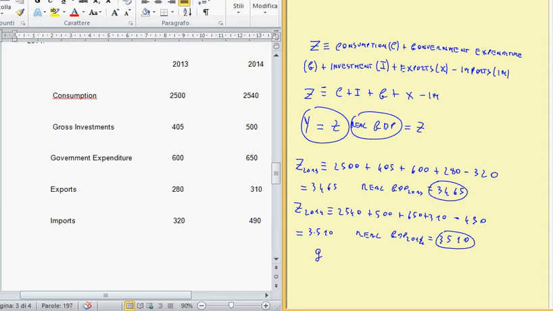The growth rate, which we denote by g in 2014, is defined as the real GDP in 2014 minus the real GDP in 2013, divided by the initial value, which is the real GDP in 2013.